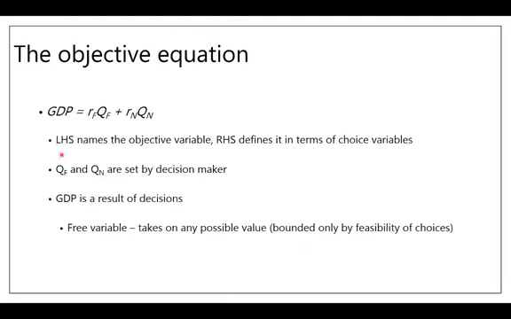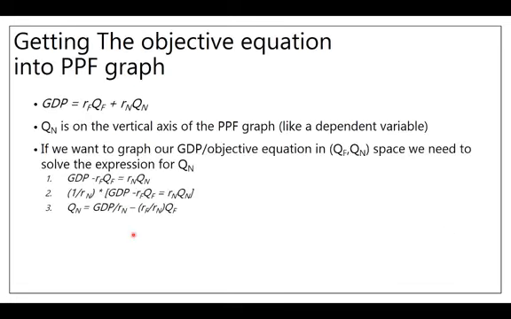GDP would be the result. And it's this sort of free variable. It can take on any possible value. Really, it's only limited by feasibility and the principle of optimality, or this guideline that says make it as large as possible, right? So make the choices that will push that as high as possible.